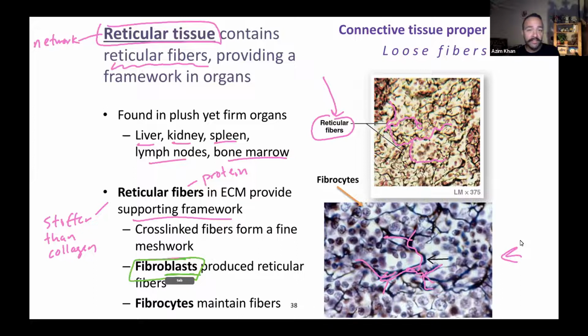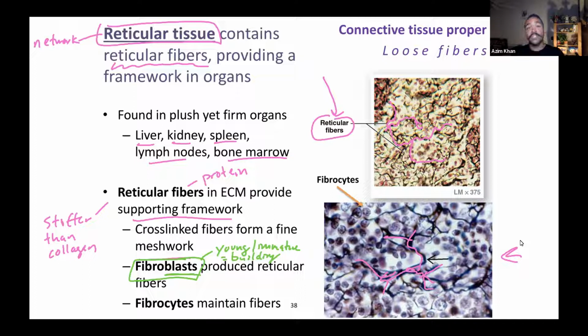Fibro, because they're producing fibers. The root word blast refers to cells that are young, immature. They're for building. Blasts are for building. They build these reticular fibers or whatever fibers are being produced, in this case, reticular fibers. Fibroblasts are for building the fibers.